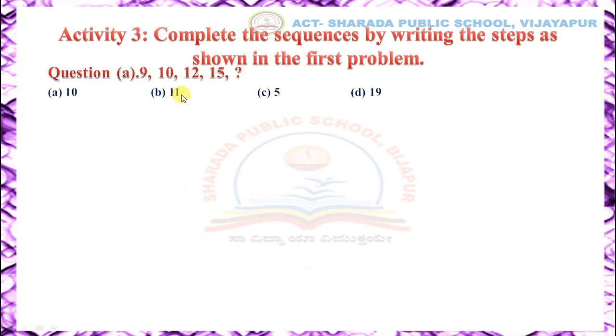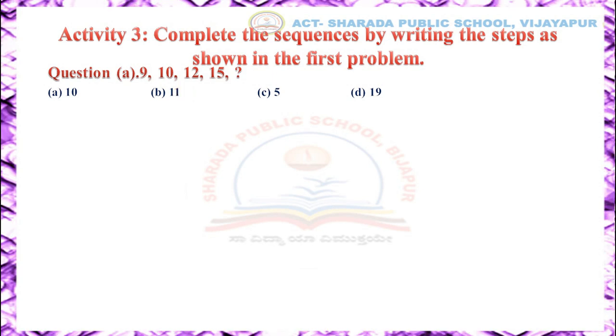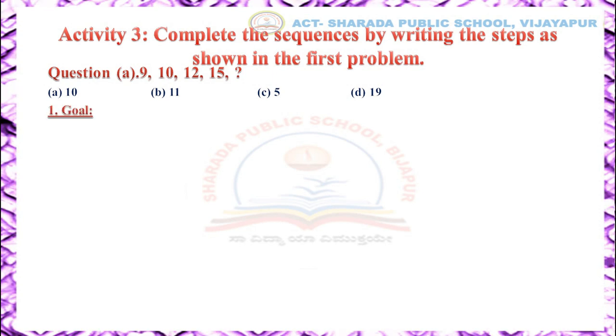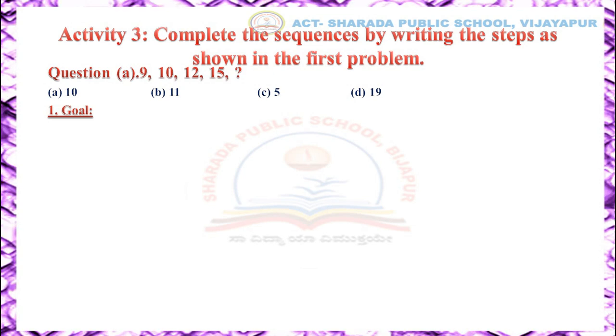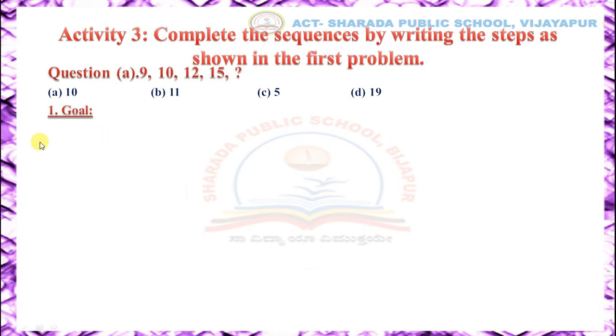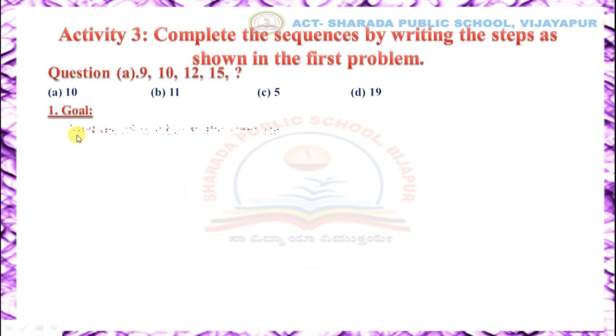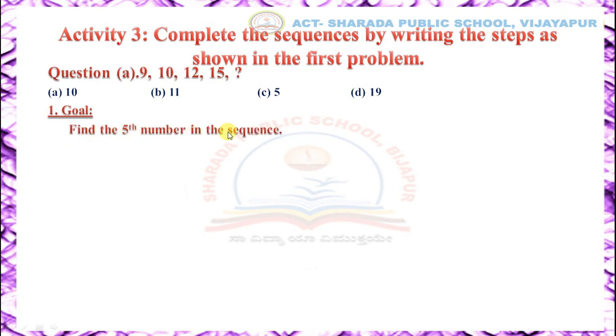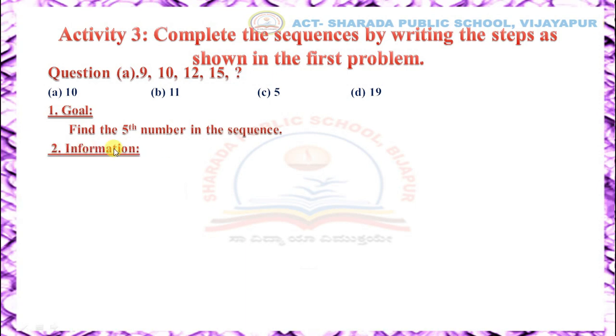Children, can you guess what is the next number in the sequence? Let us solve the problem by using logical thinking. First step, goal. Find the fifth number in the sequence. Second is information.